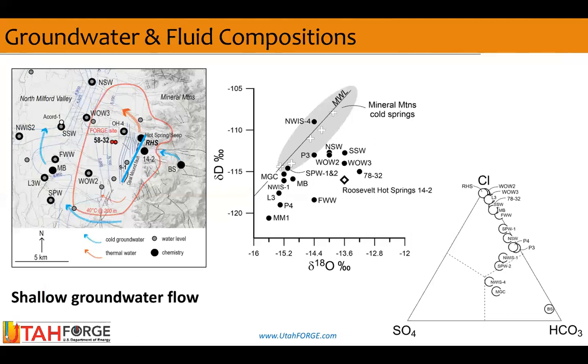The meteoric recharge, represented by rainfall and snowmelt, mostly falls in the Mineral Mountains. Outflow from Roosevelt Hot Springs makes up the groundwater in the shallow aquifer directly beneath the JTAHFORGE site. This water is non-potable owing to high total dissolved salts and elevated boron concentrations.